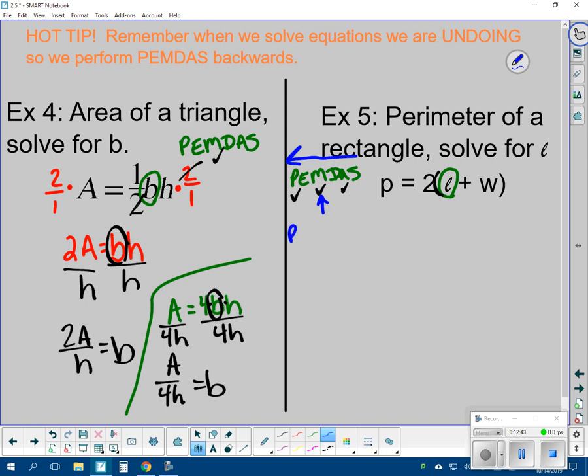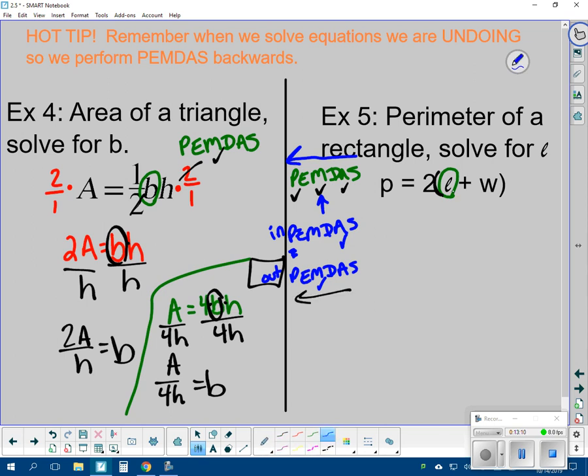So you could actually think of it as within the parentheses, what is happening? You have addition. But out of the parentheses we have multiplication. You have to undo the stuff that is out of the parentheses first.